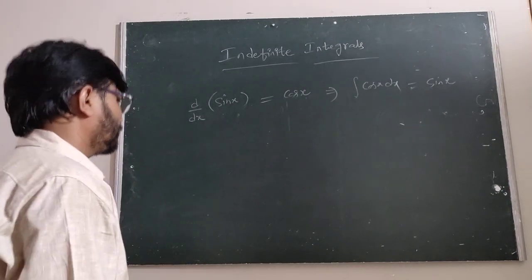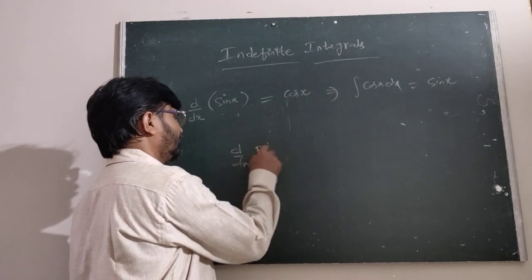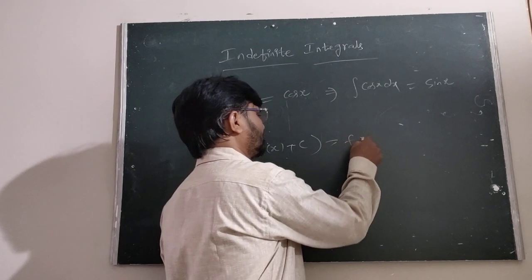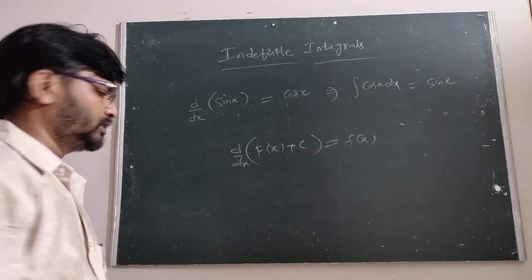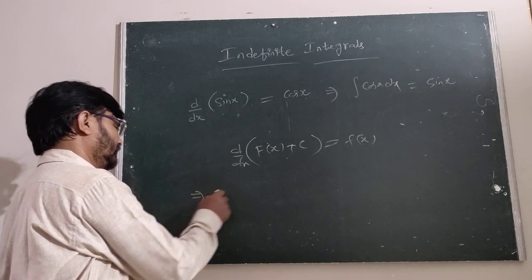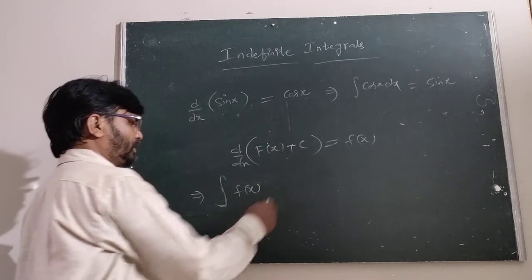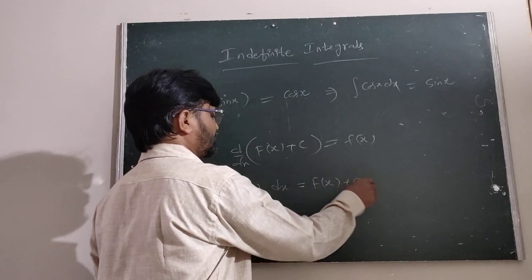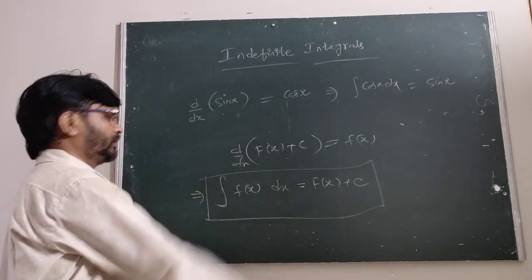That is the definition. Suppose we take the derivative of f of x plus c, which is f of x. Then we can write the integral of f of x dx is f of x plus c. This is called the fundamental integral.